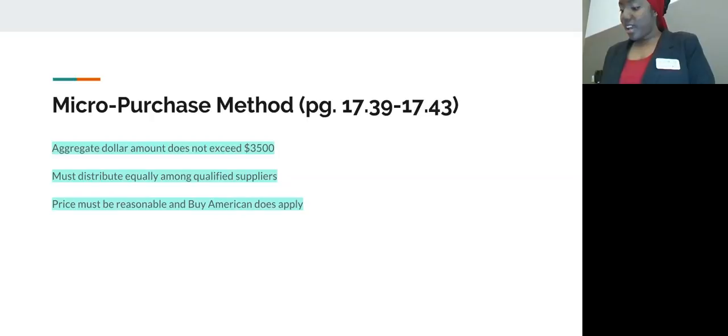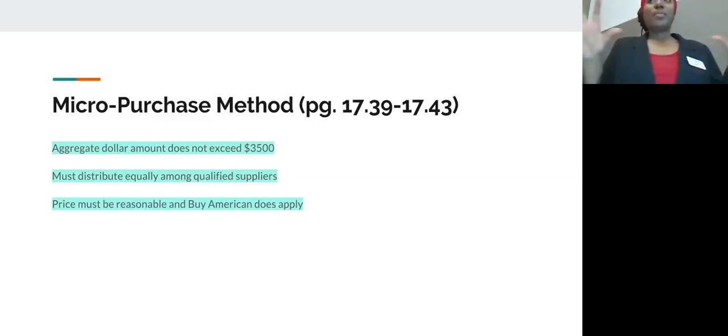So just starting off with the very top, when it came to the $3,500, you can see that the whole slide is pretty much blue. We did have some CEs where the main finding was that you're using the micro purchase, according to reviewers, inappropriately, in terms of using the $3,500 just to get out of using the small purchase method.